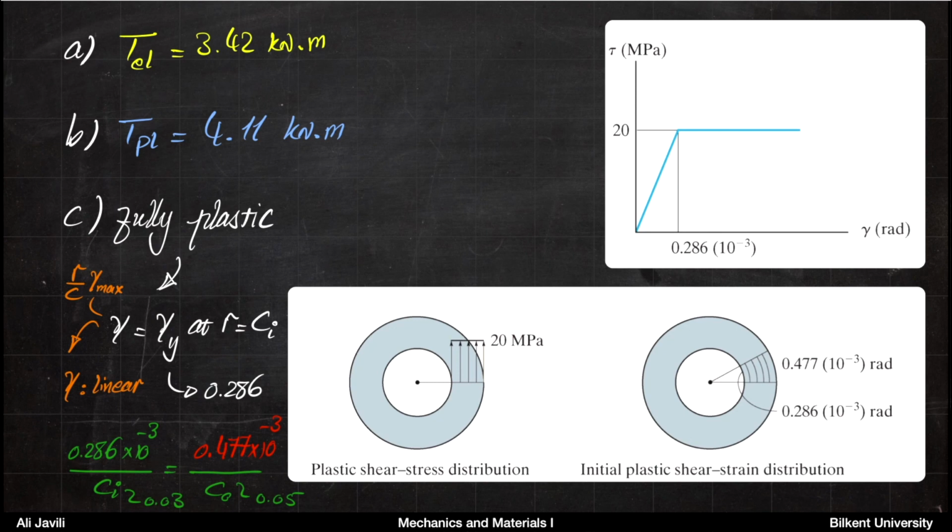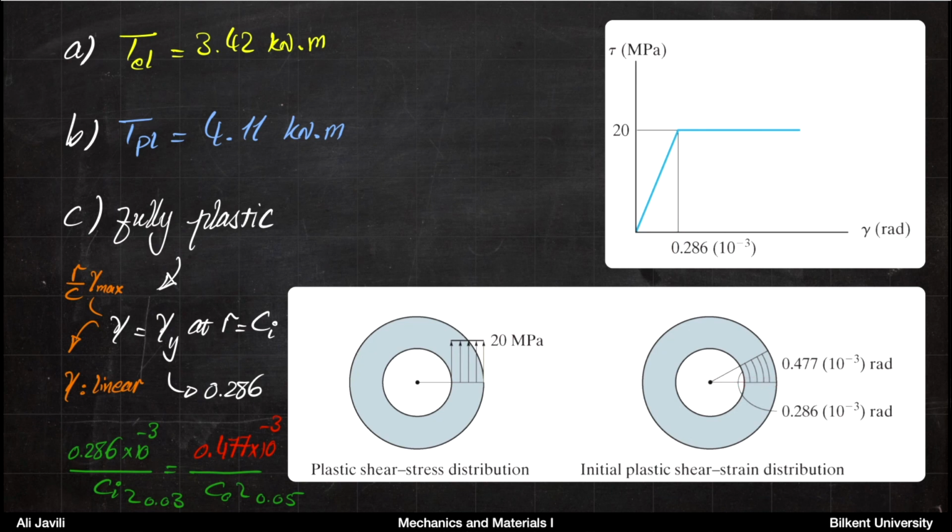So basically, the plasticity is complete, or you get a fully plastic deformation, if at the inner radius, where the gamma is minimum, your gamma minimum must be 0.286 times 10 to the minus 3. If the minimum shear strain is exactly what you have here, then obviously any point beyond that is also plastic, and you use exactly that relation.